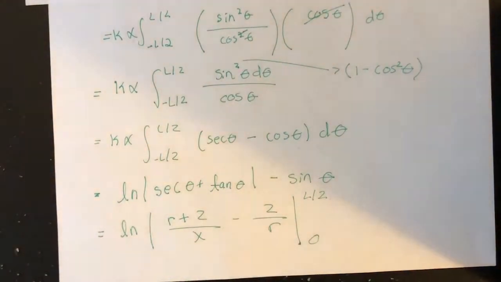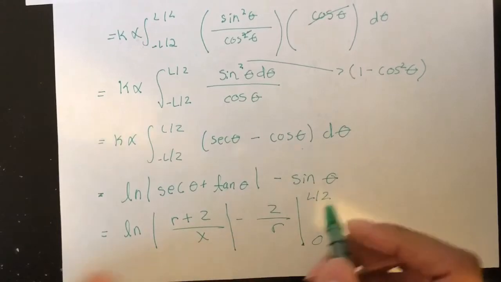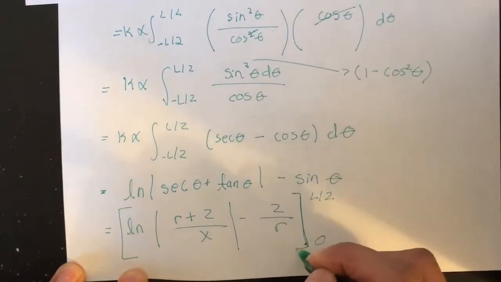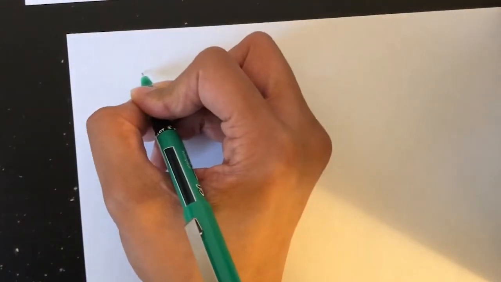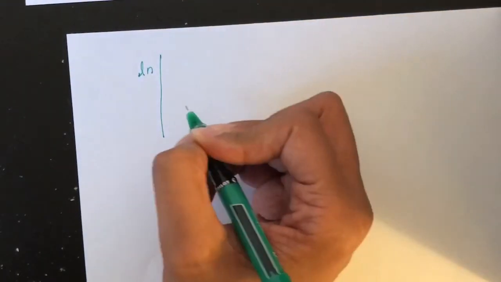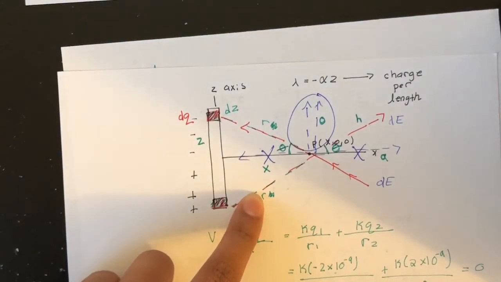Now, integrating that, we'll get ln, where our r in this case is equal to the square root of z squared plus x squared.